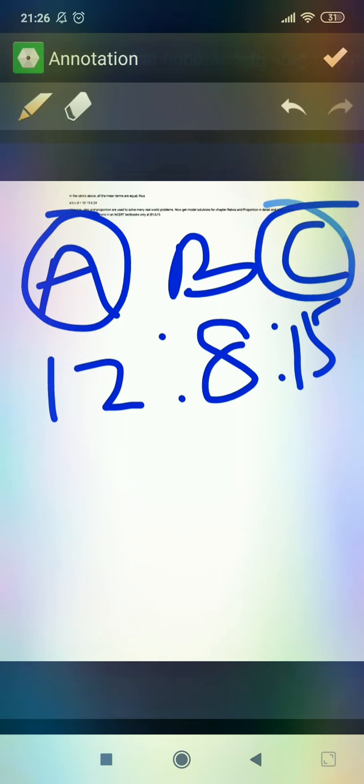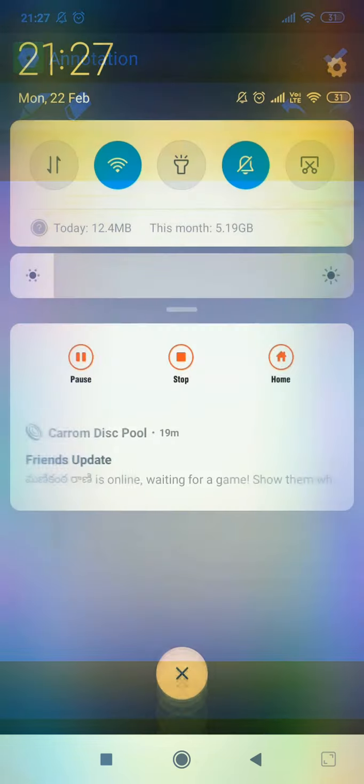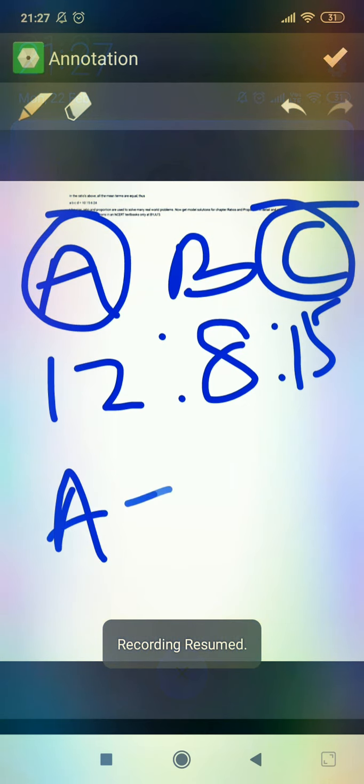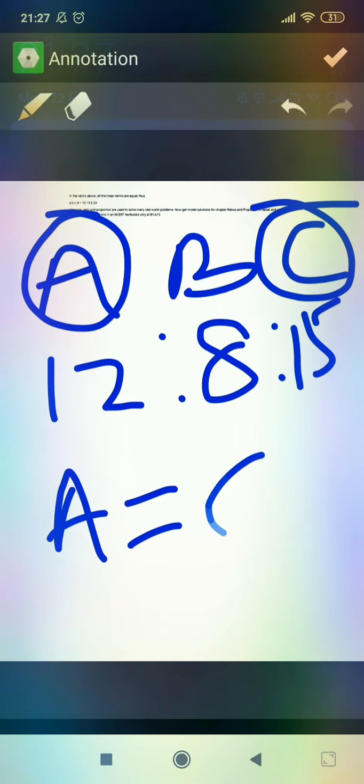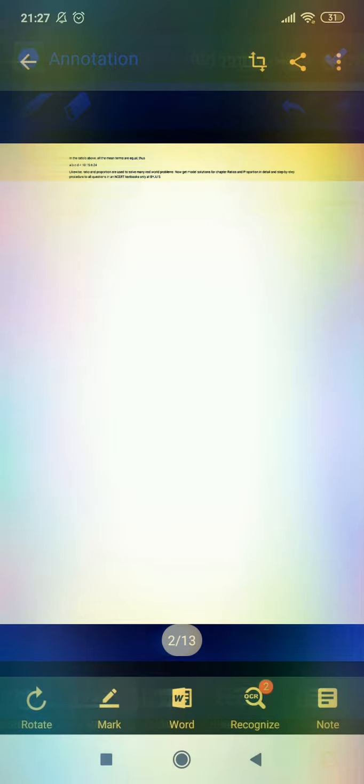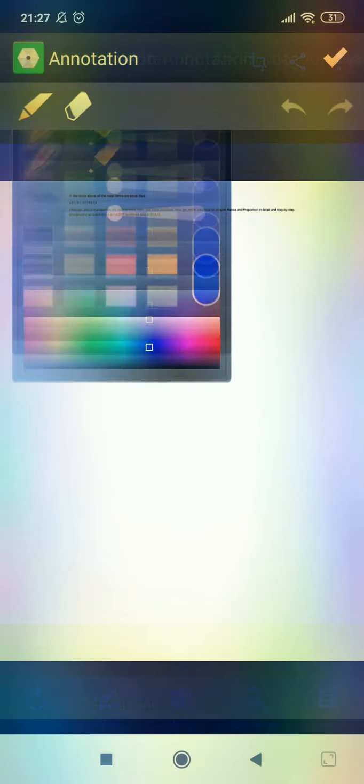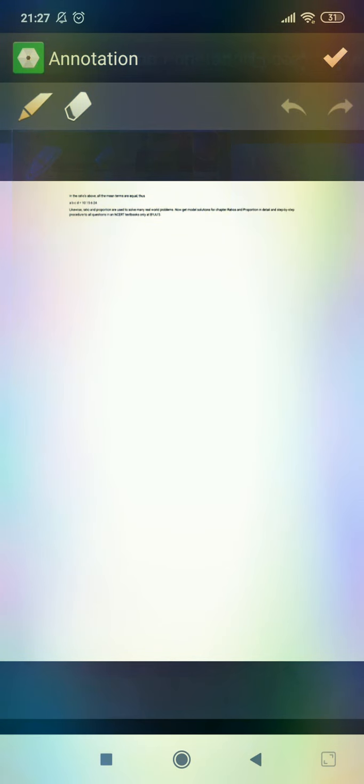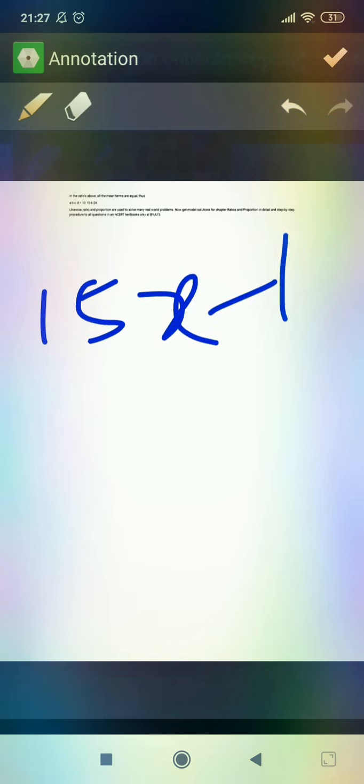A scored 15 marks less than C. Let us consider, suppose A is equivalent to C minus 15 only. From the ratio, we can write one thing: 15x minus 15 is equivalent to 12x.